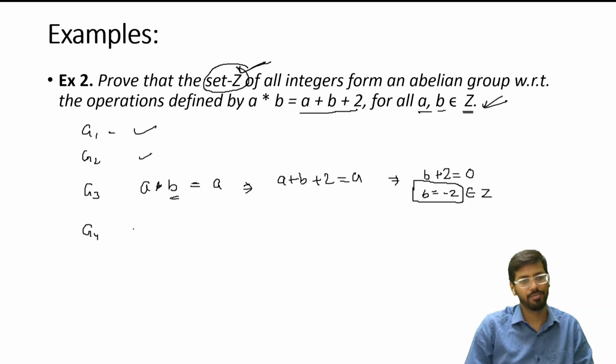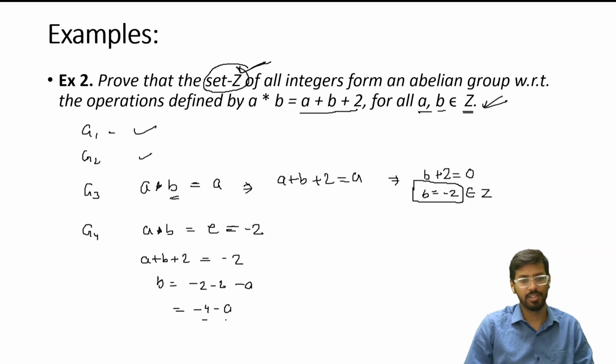Now G4 is the inverse element. For the inverse element, A star B should be equal to the identity element, that is -2. So a plus b plus 2 is equal to -2, or by left cancellation we can write b is equal to -2 -2 minus a, or -4 minus a.